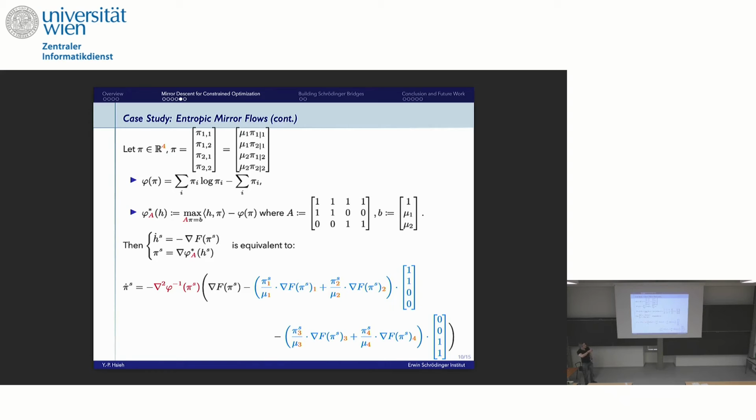However, if you take this special parameterization and plug that into the expression here, you see something very nice coming out, because this thing bears the very clear interpretation of conditional expectation. For instance, in the parentheses here, you fix the first index of the gradient, and you take the average over the second index, where the average is taken with respect to the distribution pi, but with a fixed first element.